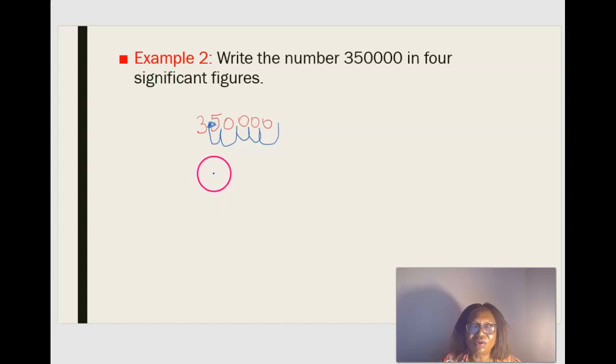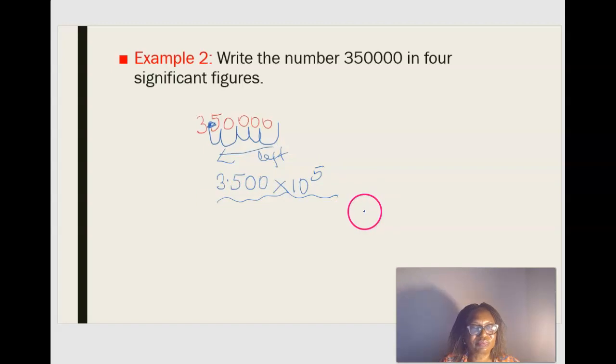So our coefficient is 3.5. But this is 2 significant figures, so we need to add 2 zeros so that we can have 4 significant figures. Then we can multiply by 10 to the power 5, because it moved to the left, so our exponent is positive. So that is our scientific notation.